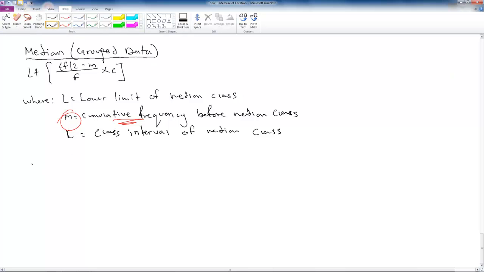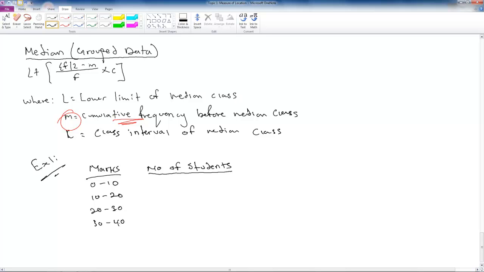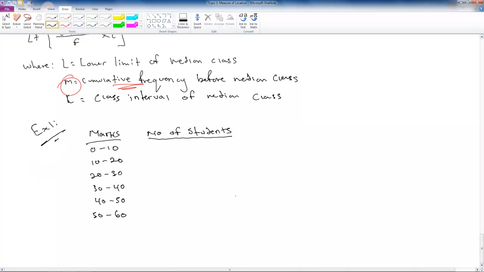So let us look at the example here. Marks, number of students: we have 0 to 10, 10 to 20, 20 to 30, 30 to 40, 40 to 50, 50 to 60, 60 to 80, 80 to 100.